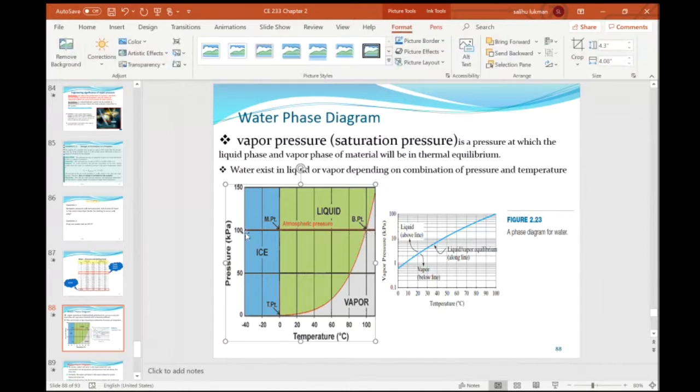When you maintain the pressure at 101 but then increase the temperature beyond 100, it will be in the vapor phase. That's why I said, once the boiling point has been reached, water cannot remain in liquid state, it will vaporize. So when you maintain the pressure and supply more heat, then it will all vaporize, it will be in the vapor state.